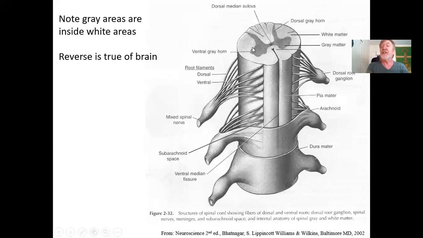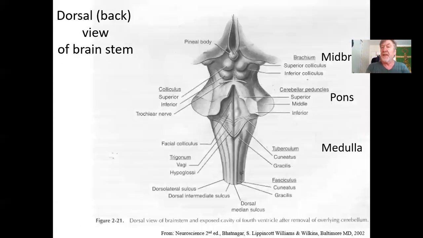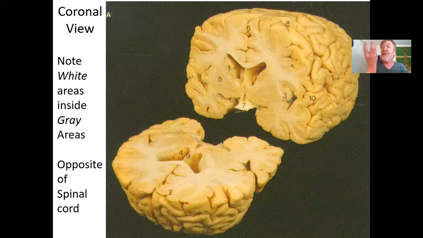The gray matter is the unmyelinated cell bodies. So when you get toward the brain, things invert. Now the white matter's inside and the gray matter's outside. And that flipping, that change takes place in the brain stem.